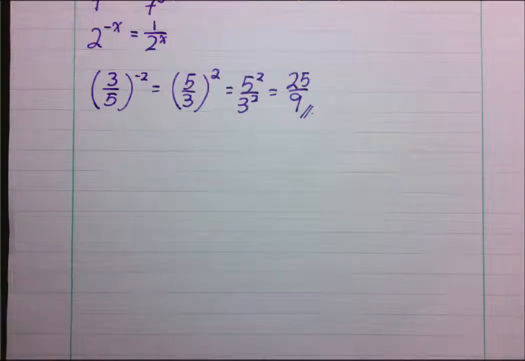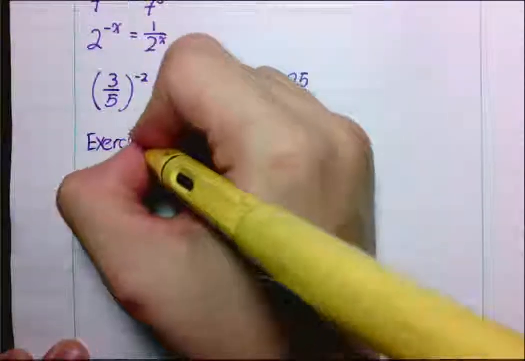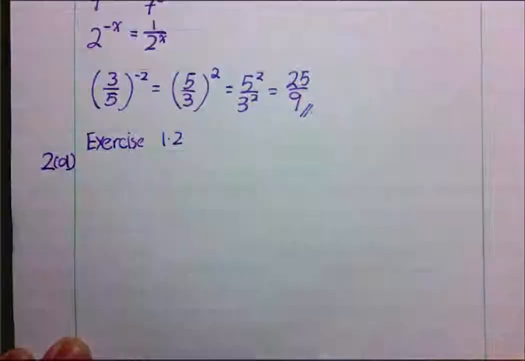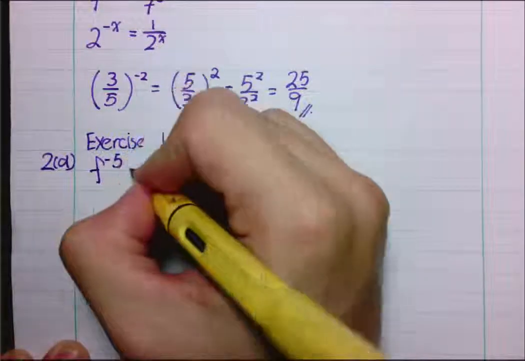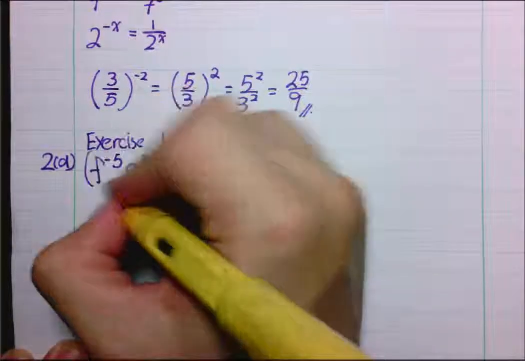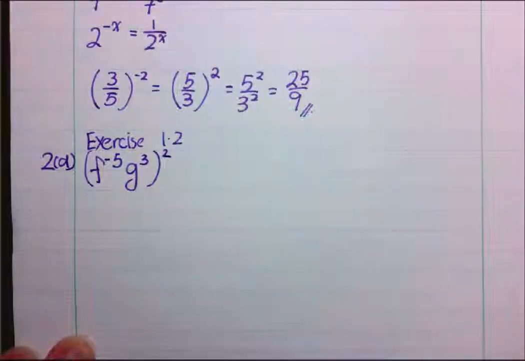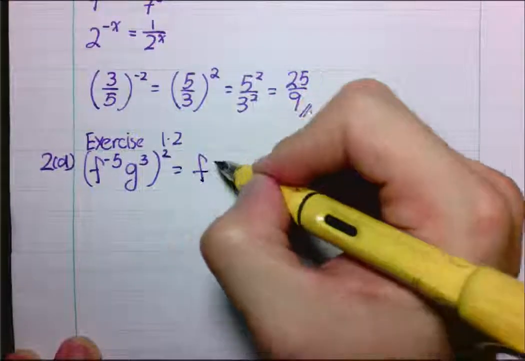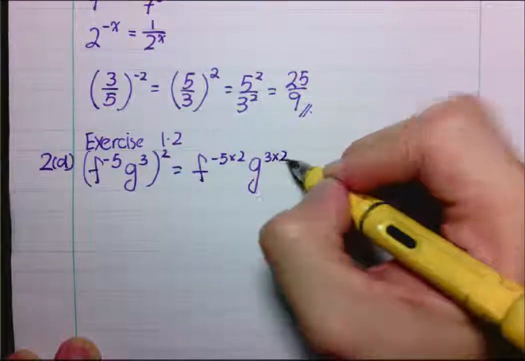Okay, I will do for you an example from exercise 1.2, question 2D. Okay, question 2D is this: f to the power of negative 5, g to the power of 3, all to the power of 2. As we learned from 1.1, when you open brackets you have f to the power of negative 5 times 2, g to the power of 3 times 2.